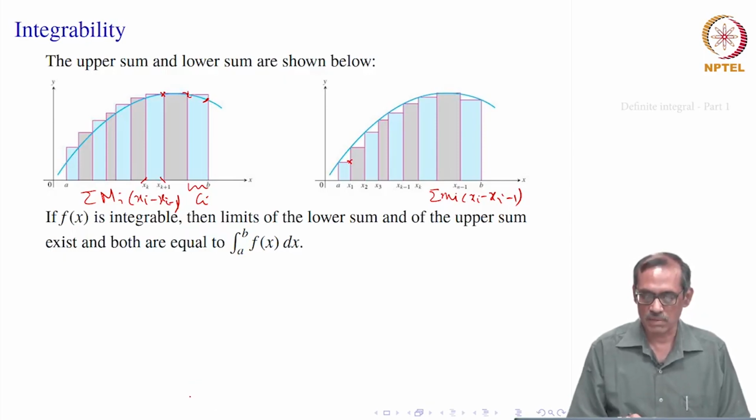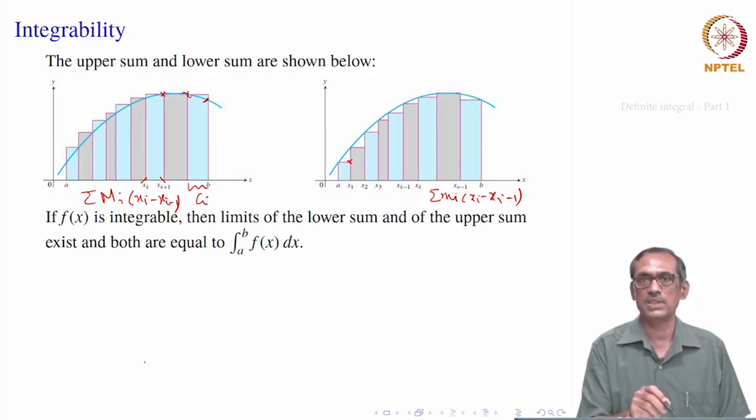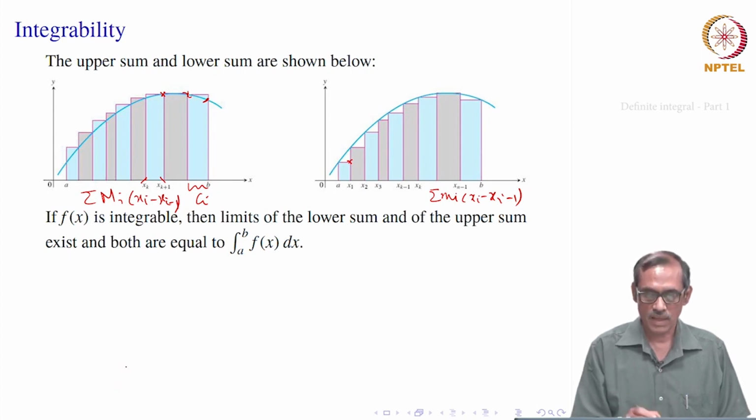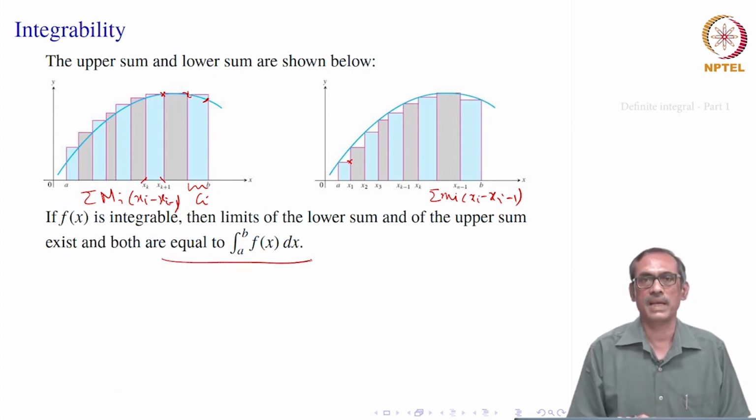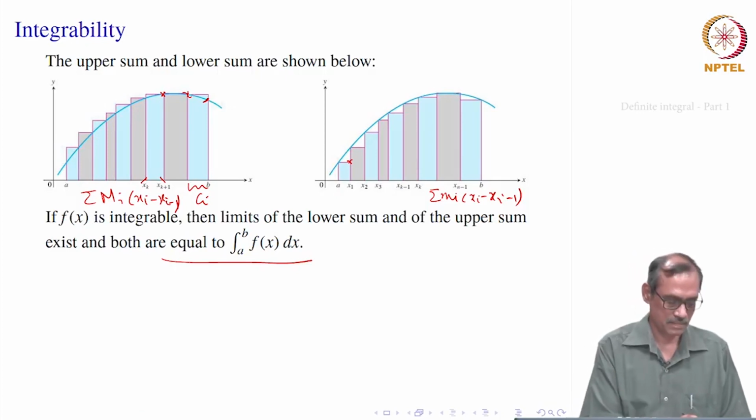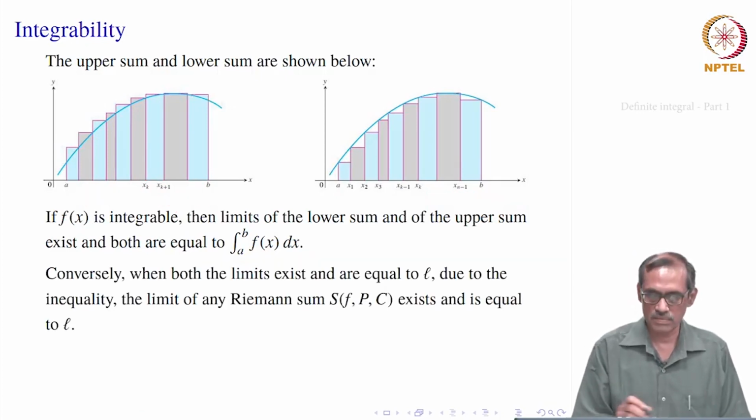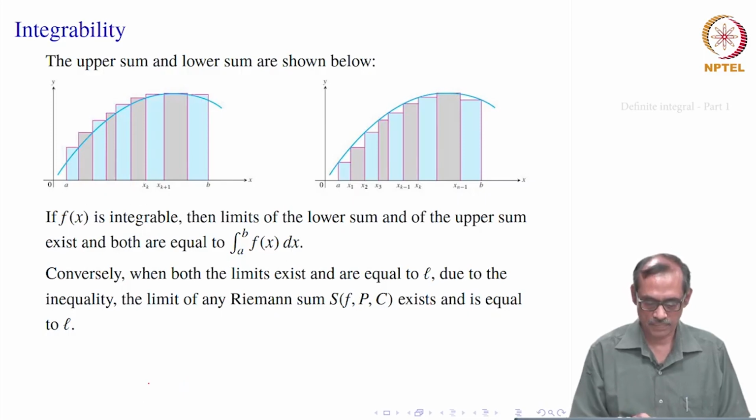Now, when f of x is integrable, this lower sum and upper sum should exist also, right, because for every choice of c i it should happen. So, in particular for this choice, and both of them must be equal to the integral a to b f of x dx. That is the definition of area or the integrability condition.